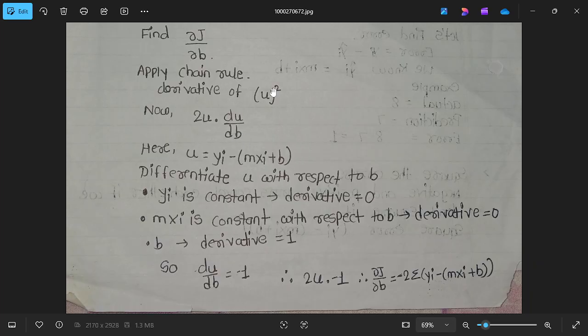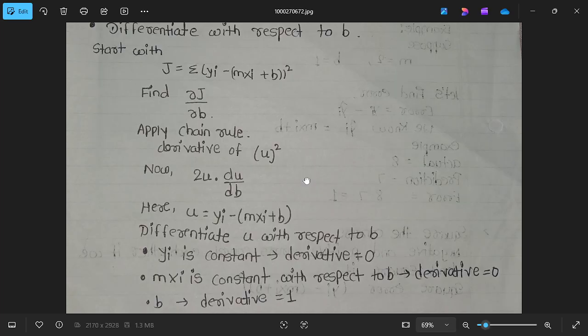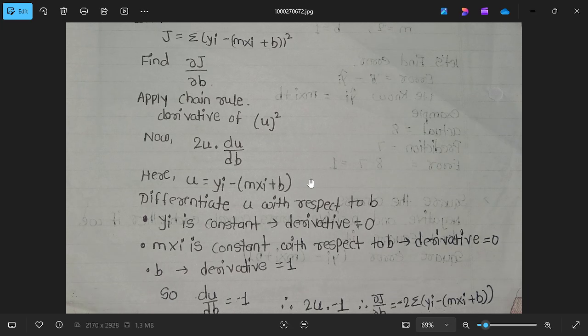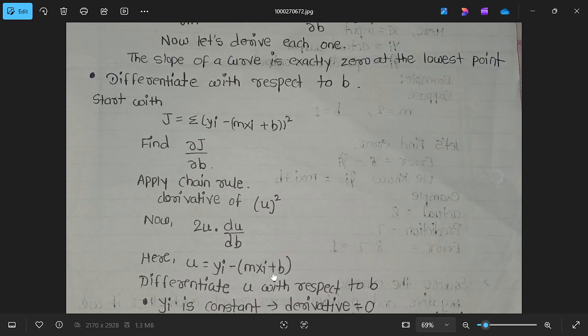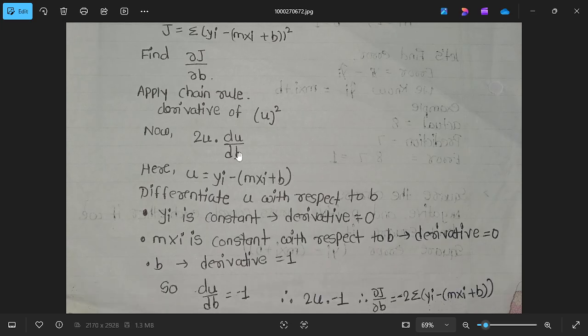According to the power rule we have taken the 2u here, and now we have to multiply by the differentiation of the inner function.